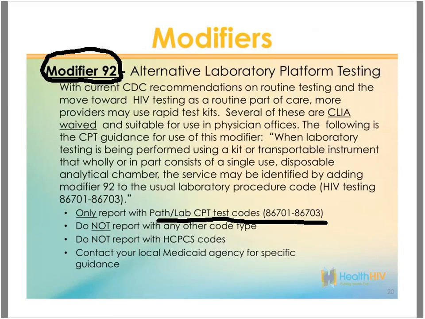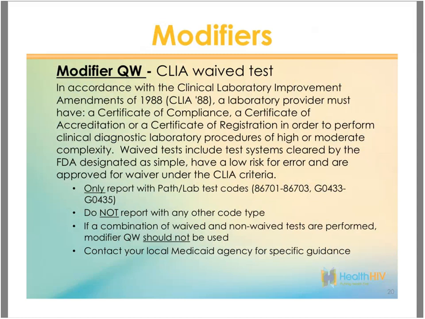The second modifier that is similar to modifier 92 is modifier QW. Modifier QW is for a CLIA-waived test, and it's similar to modifier 92 in that it's never reported on any other code type except for path lab.